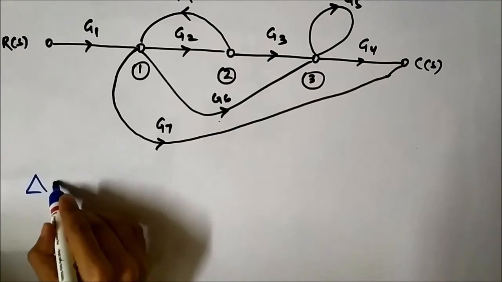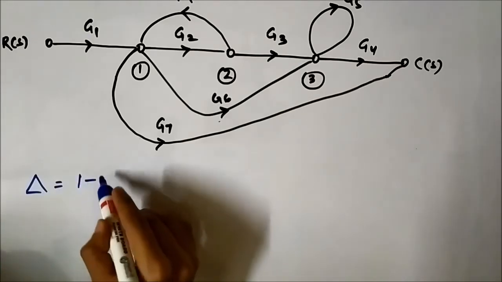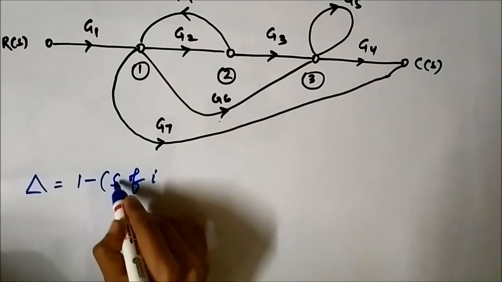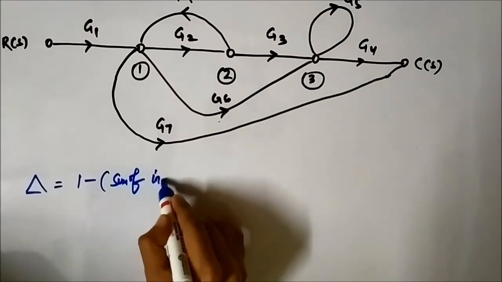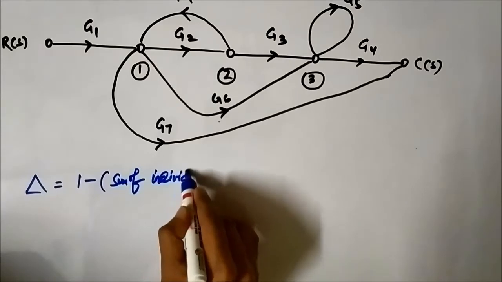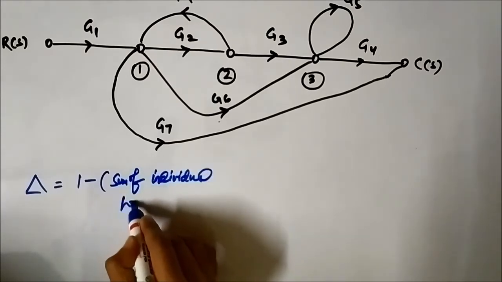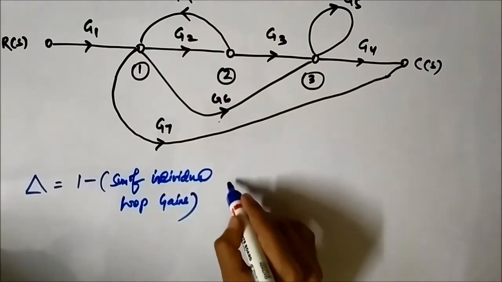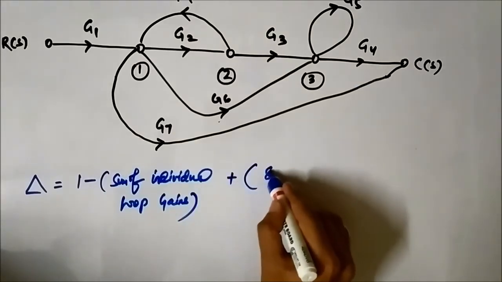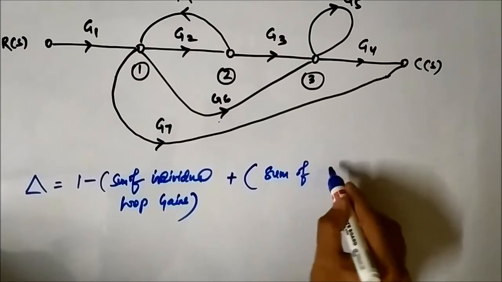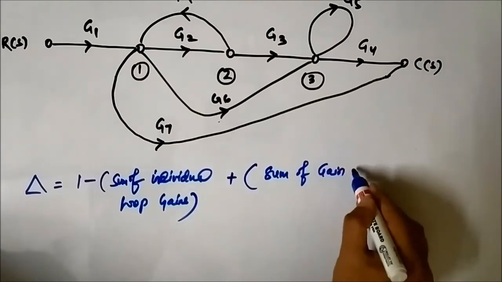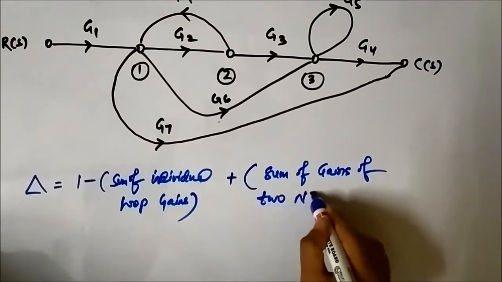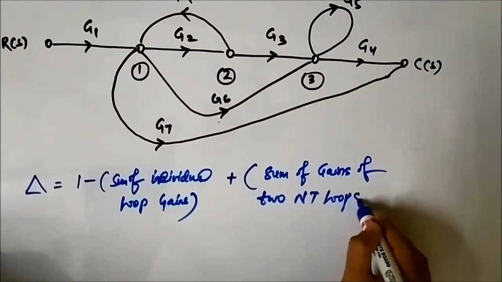The graph determinant we know is 1 minus the sum of the individual loop gains, plus the sum of gain products of two non-touching loops.